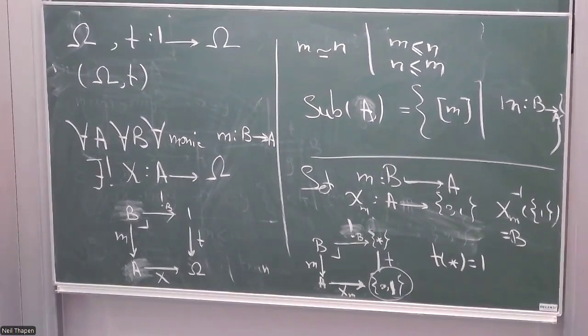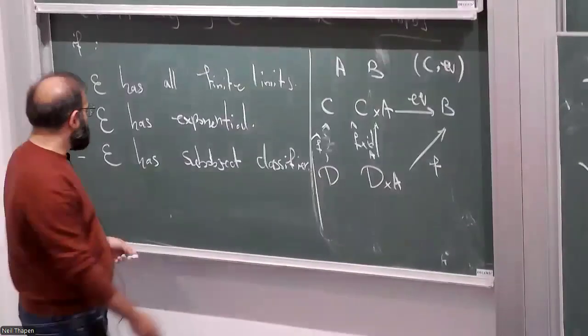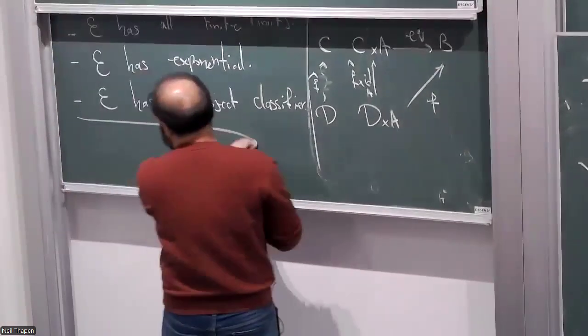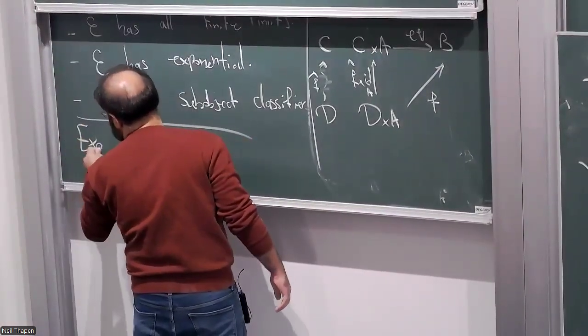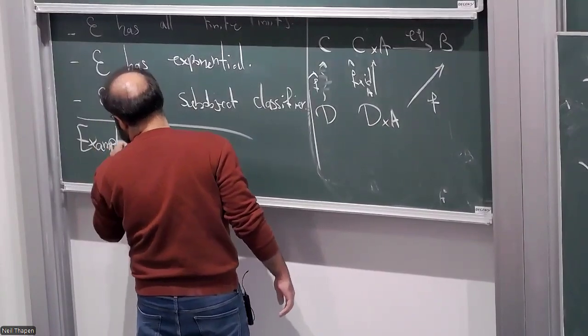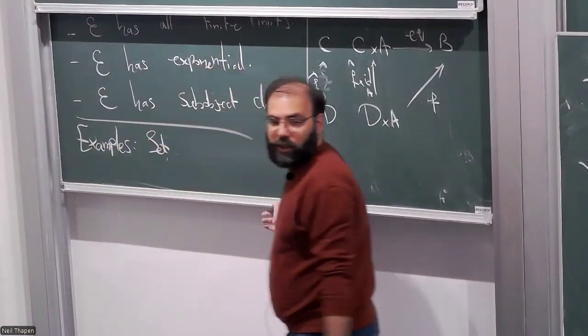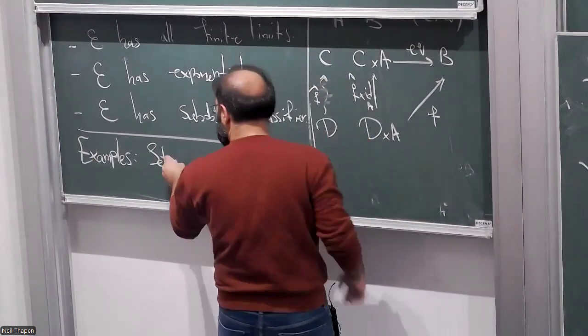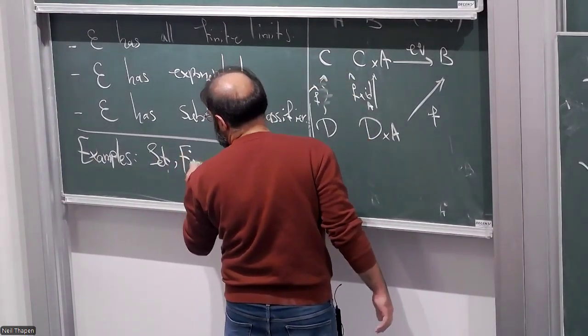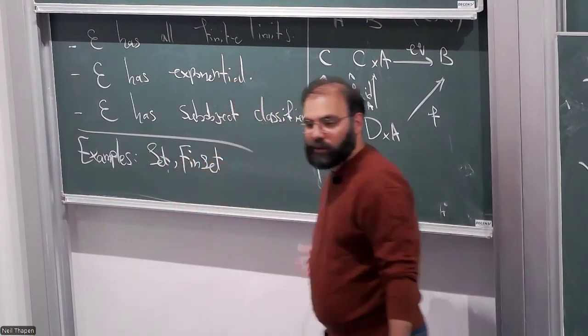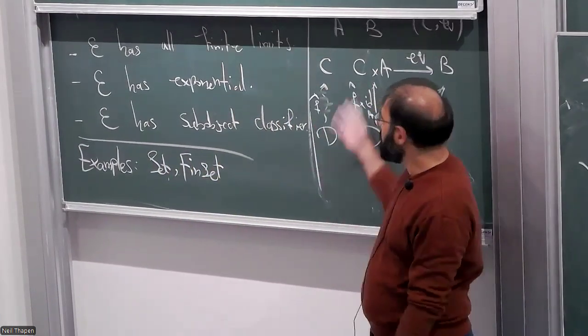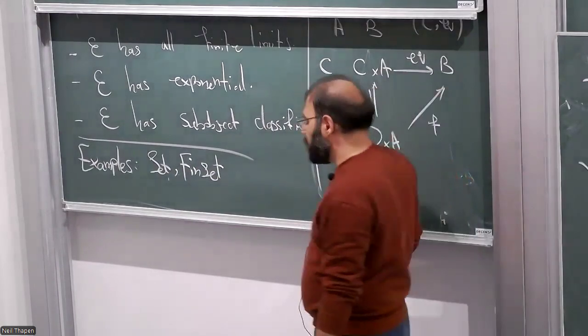So if you have all the three, and we saw that Set at least has all the three, and not just Set, maybe the obvious examples are of these guys. We saw Set has all this structure, so it's a topos. We can check that finite sets also has the property, because it's just finite limits, so why not?